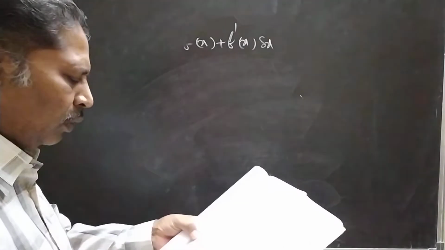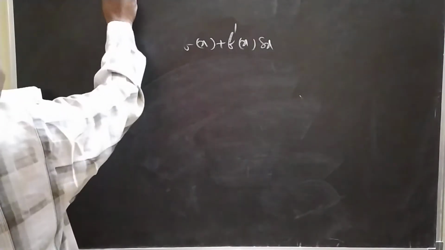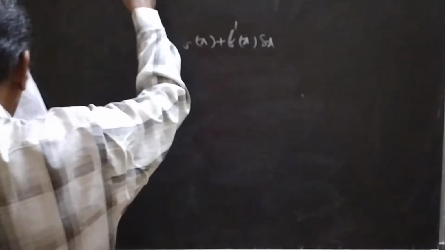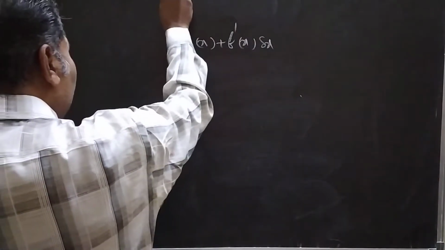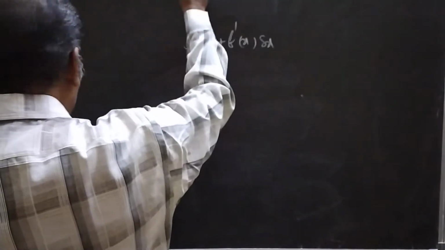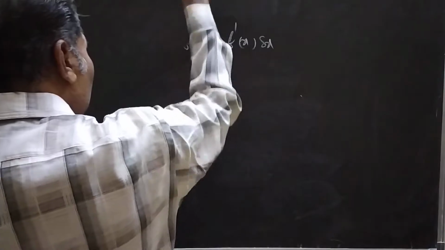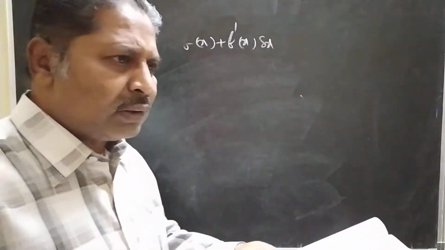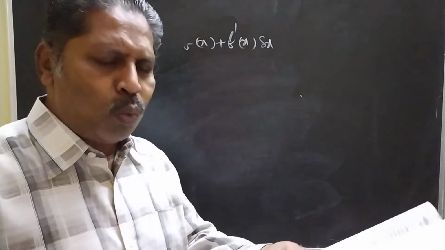Given 1 degree equal to alpha, find the approximate value of cos 60 degrees 1 minute.